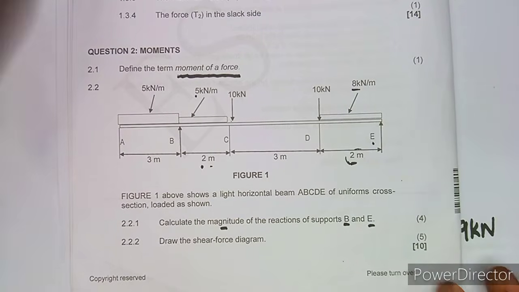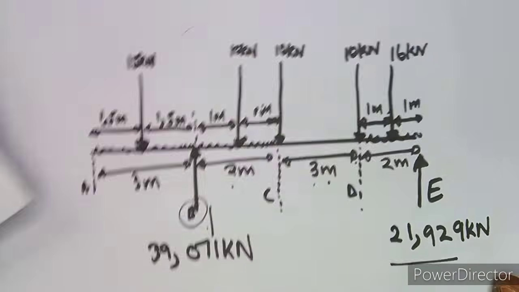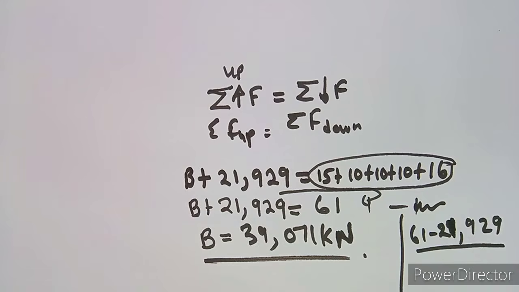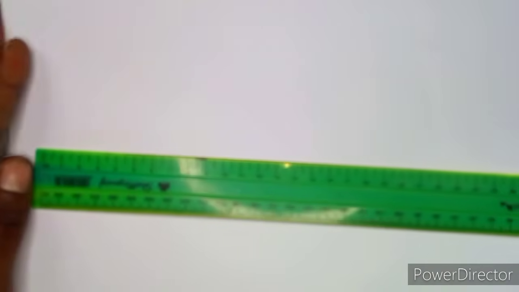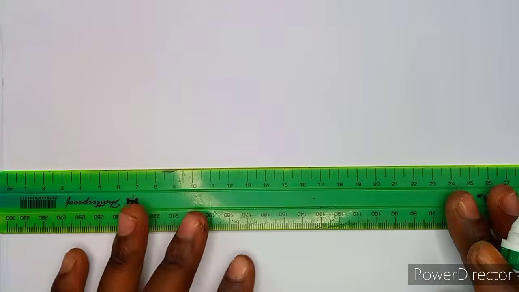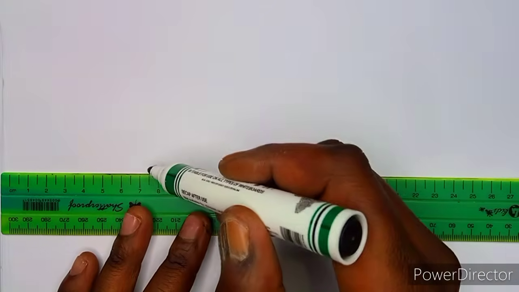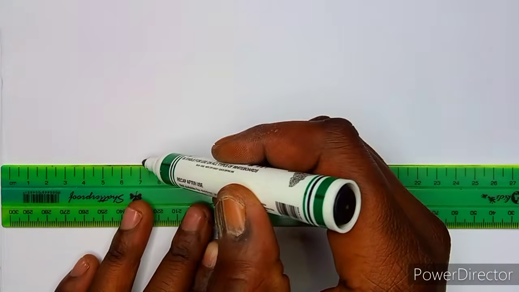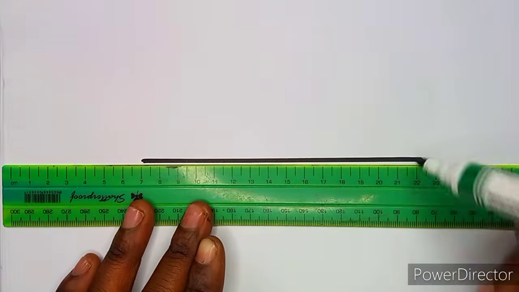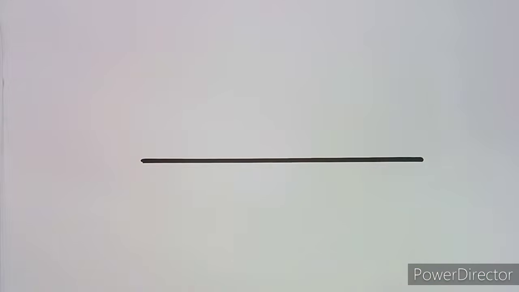Remember, on the shear force diagram, the concept, guys, let's just see how we are going to do this to have our shear force diagram. Let me just draw a line again. Something like this.